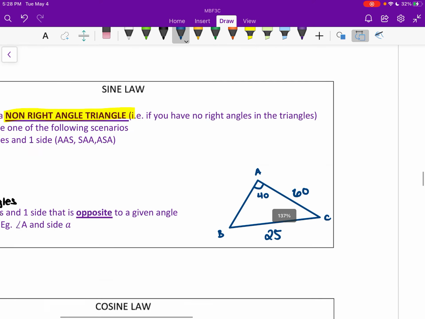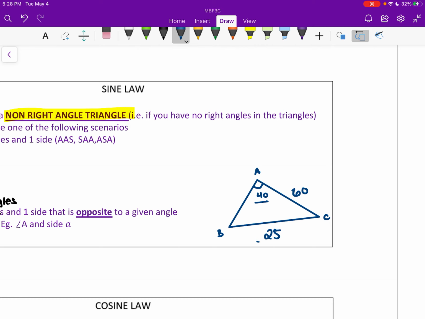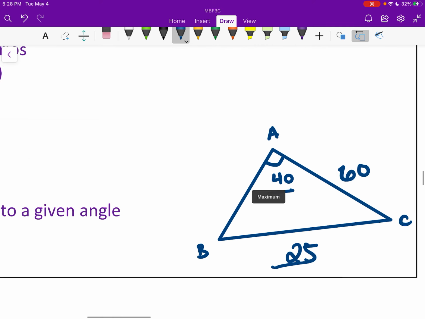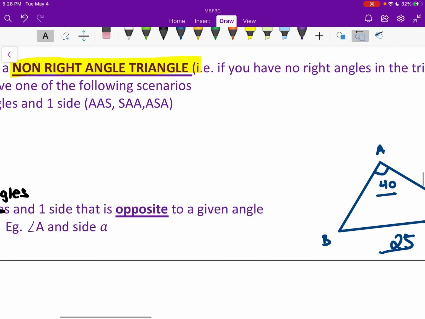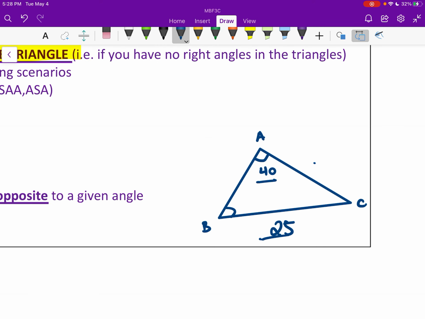If you have two sides and some other angle, you can do that. Or if you have this angle B and you don't have side B, you can use that as well. Okay? So that's a scenario where you can use those two.